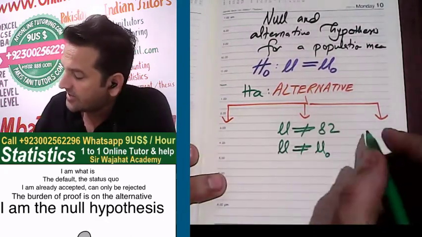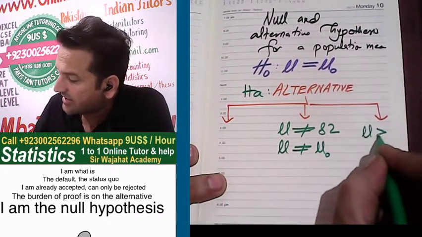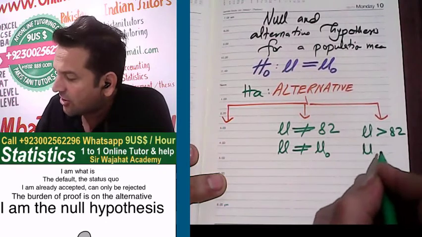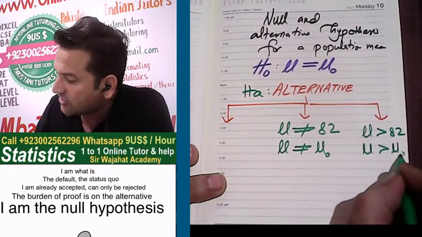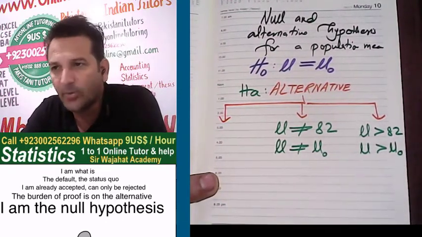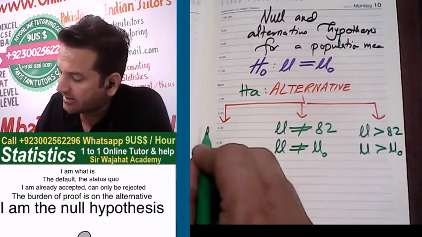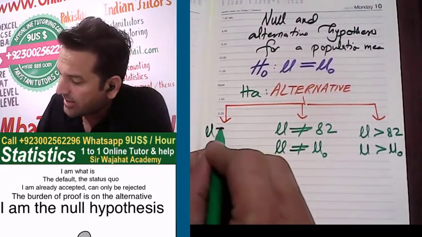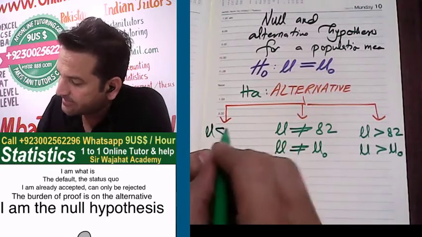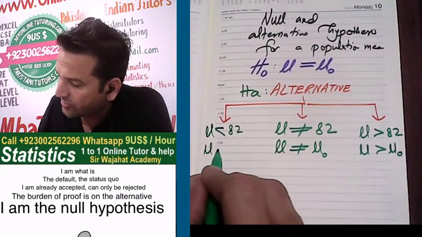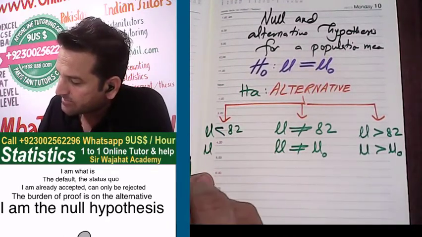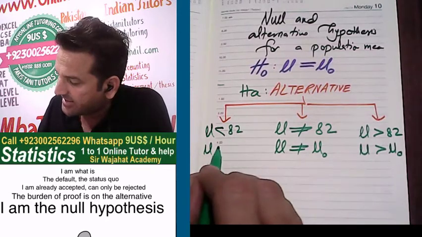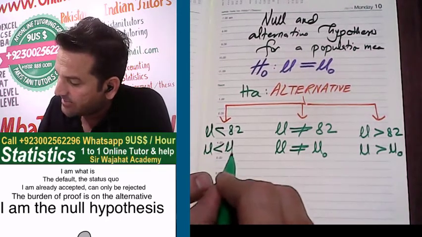Either we can say that mu is greater than 82, or mu is greater than mu naught. Or the third option, mu is less than 82, or mu is less than mu naught.